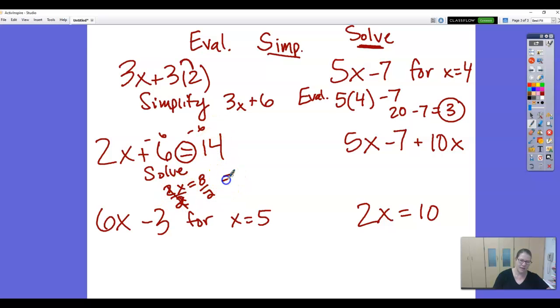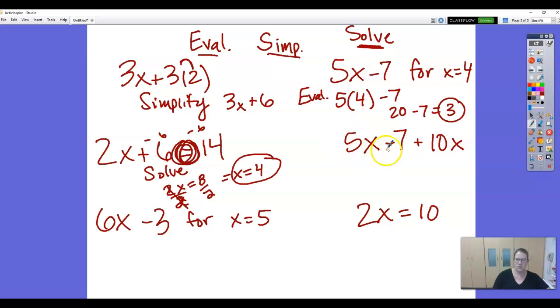And that gives me x all by itself on one side. x equals 4. So I solved the equation for the missing variable, which was 4. Okay? So it's only solve if there's an equal sign in it. If there's no equal sign, it's got to be either evaluate or simplify. It's going to be evaluate only when it tells you what the variable is equal to.